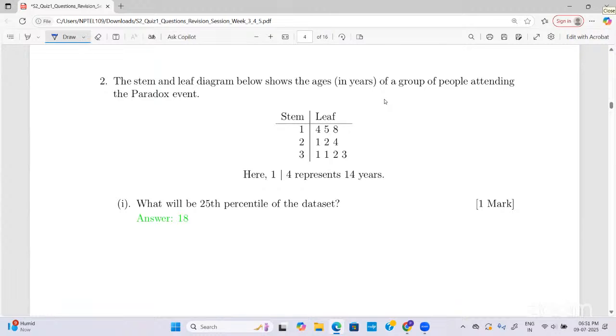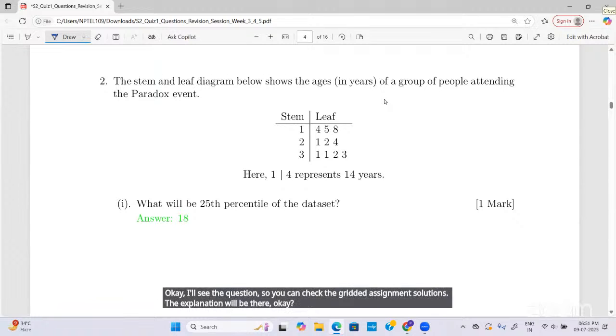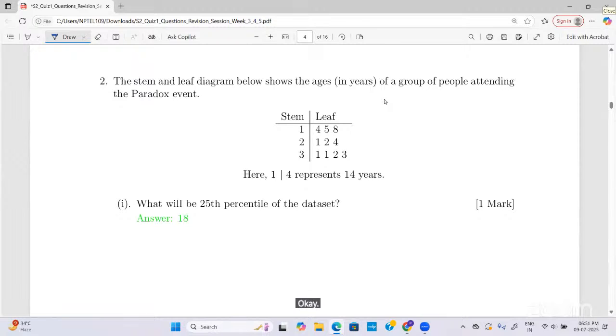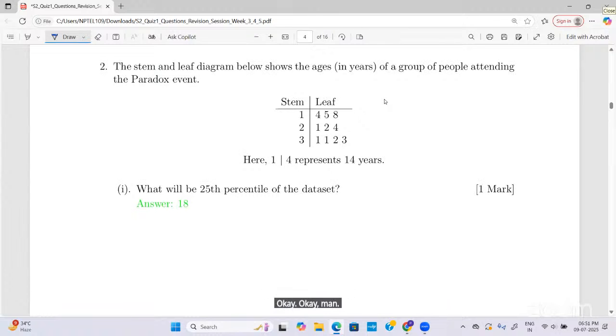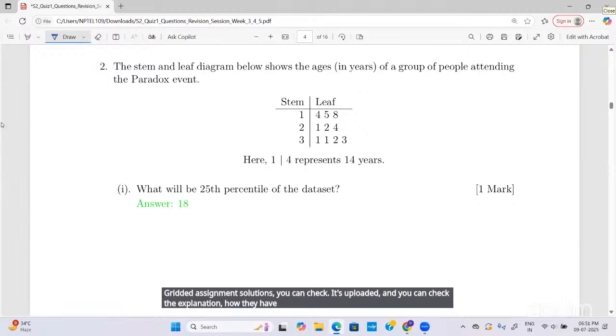Okay, I'll see the question. You can check the graded assignment solutions, the explanation will be there. Ma'am, we have solved only one question and only 1 hour is left, so we should solve. The solutions are uploaded, and you can check how they have explained it, then you will understand.